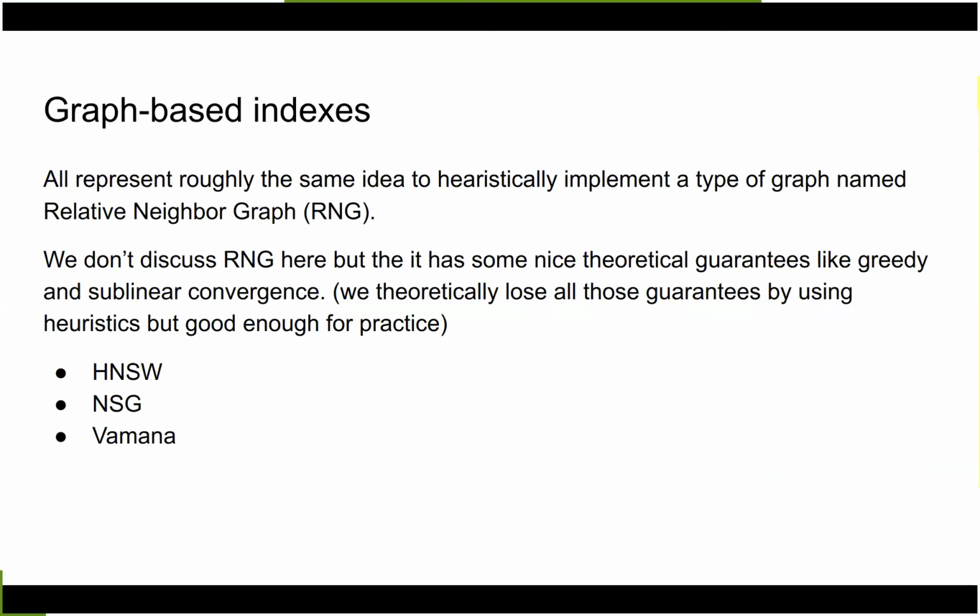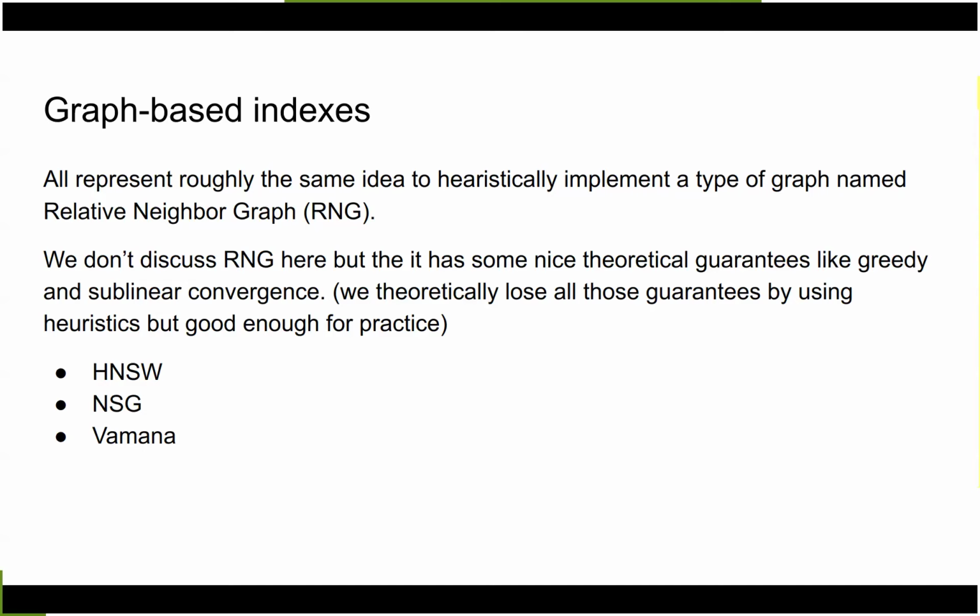So let's now look at graph-based indexes. This is the state of the art. This is very important for you to understand if you want to understand anything about vector databases. Basically, the idea behind the graph-based index is to create a graph over all of your vectors.